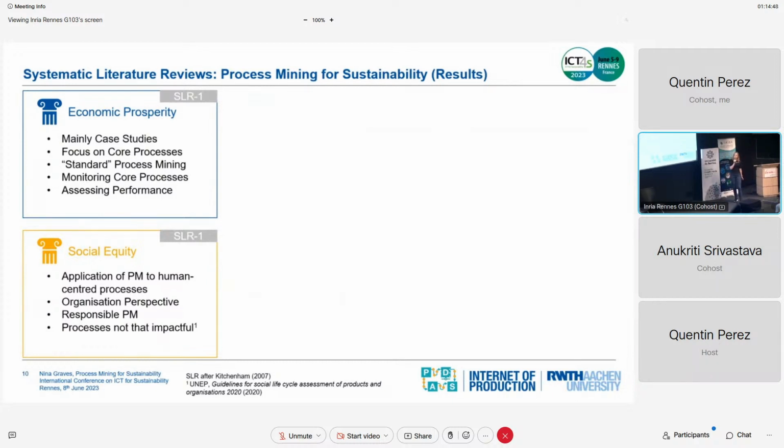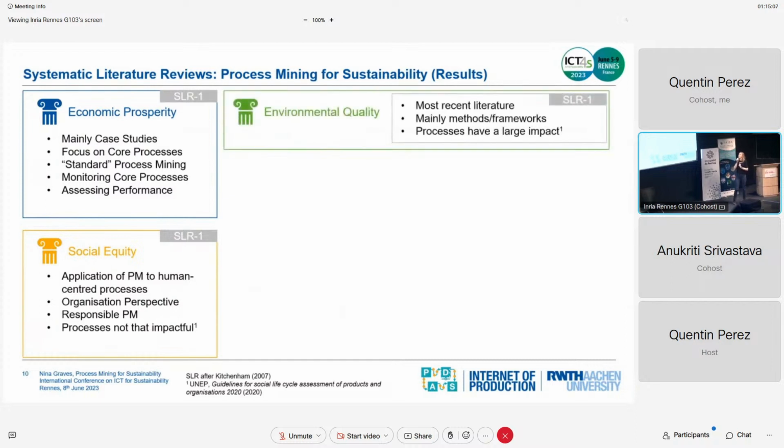There was a surprise in the social pillar, because it's mainly applied to human-centered processes, and there is a branch within process mining that goes into this area a bit stronger, called responsible process mining. Then we found out that the environmental pillar is least developed so far.